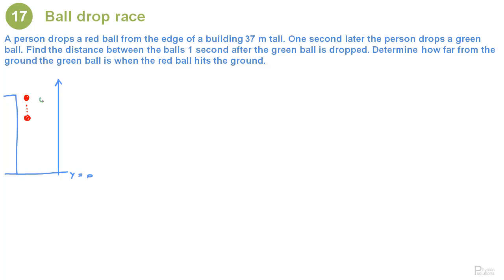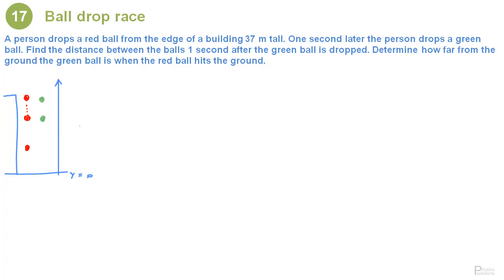This means 1 second later, this green ball will start moving. So when this ball is here, the red ball will be somewhere down here. So the important part is that there is a time delay of 1 second between the two objects.